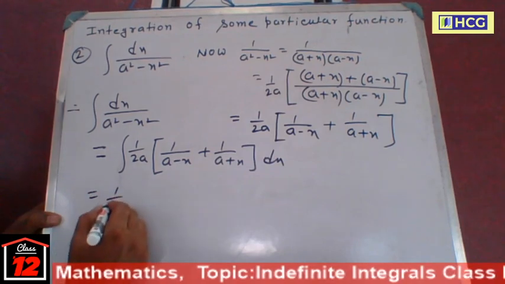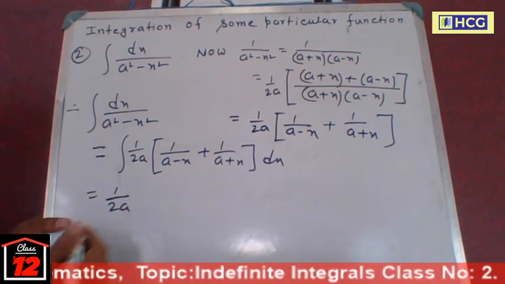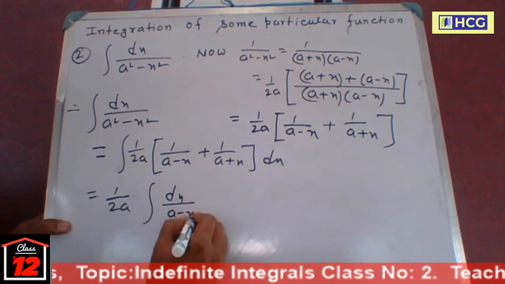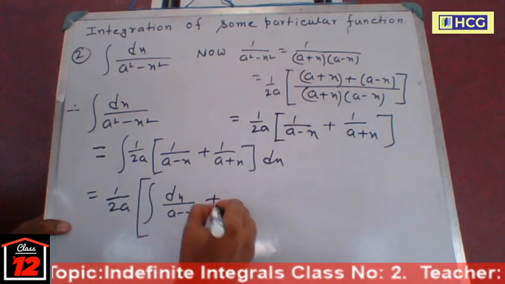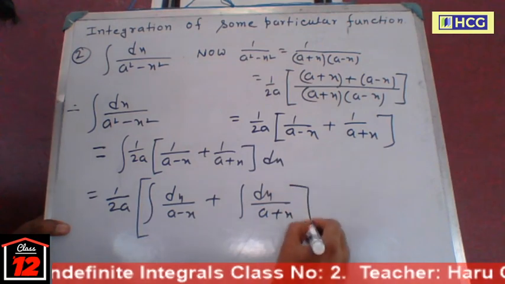Now 1 by 2a is a constant, so it is outside the integration: integration dx by a minus x plus integration dx by a plus x.